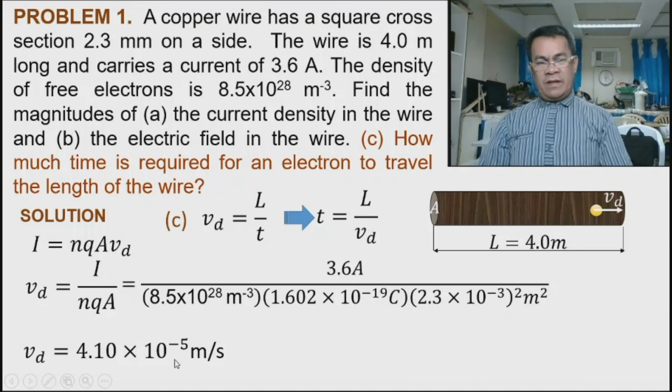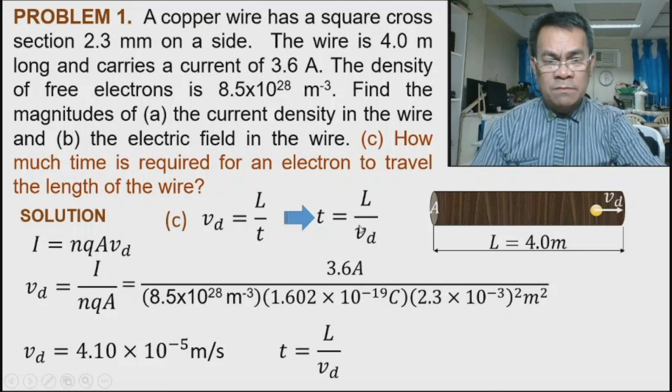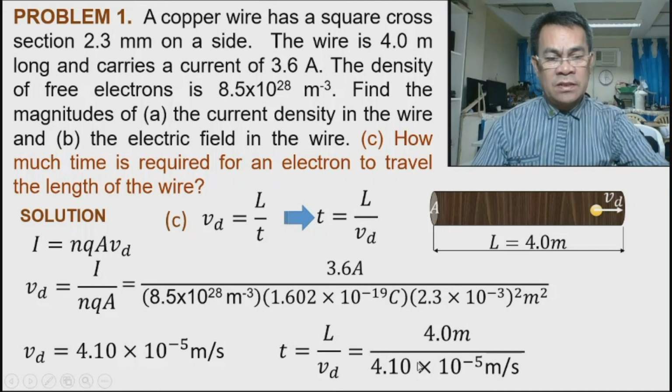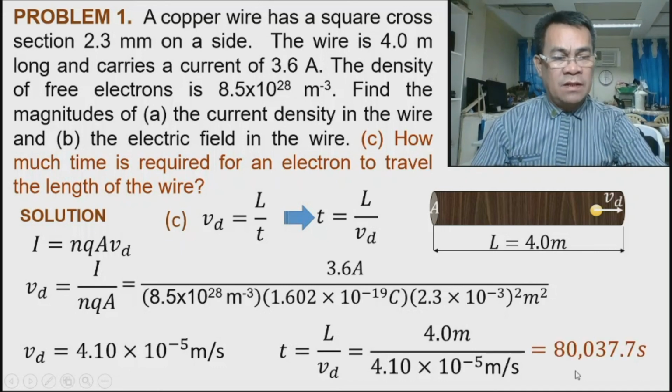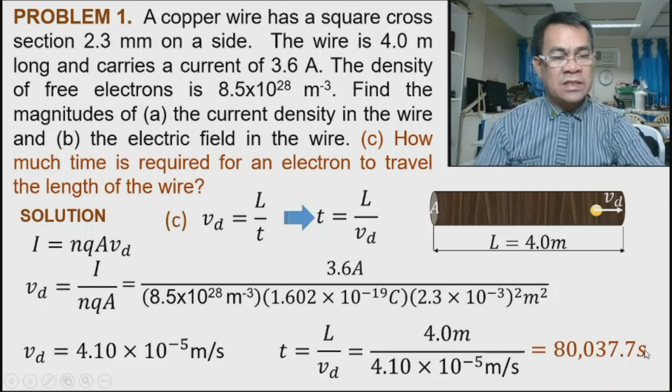Okay? Very slow. So then substitute. Use again this formula to solve for t, because it asks how much time is required. So L is 4. Divide this one. So do it, calculate. According to this result, 80,037.7 seconds is consumed traveling from one end of the 4 meter wire to the other end.